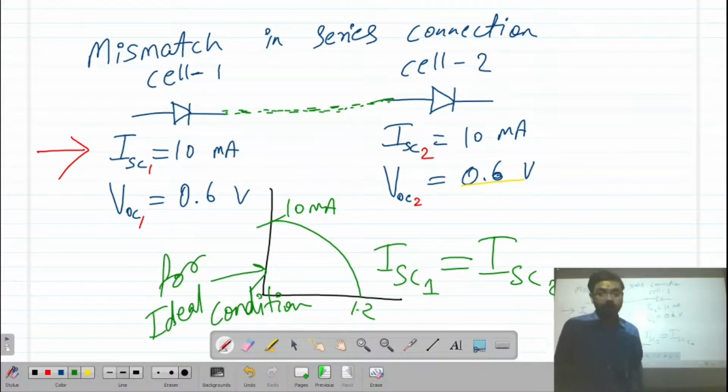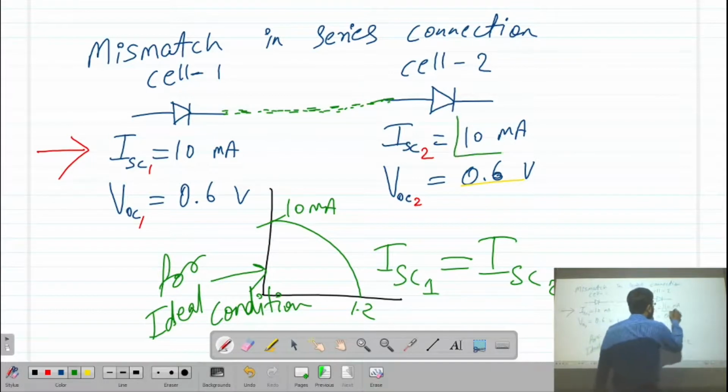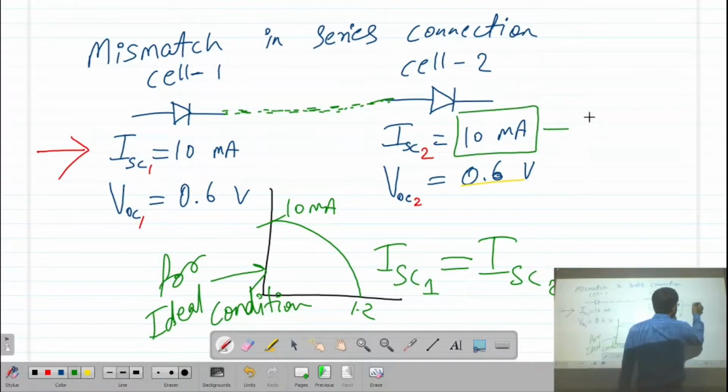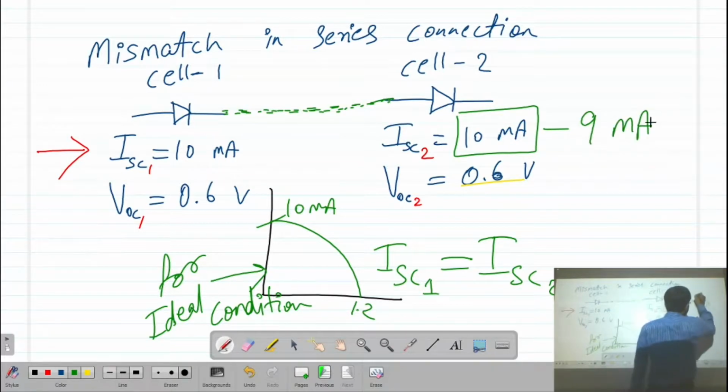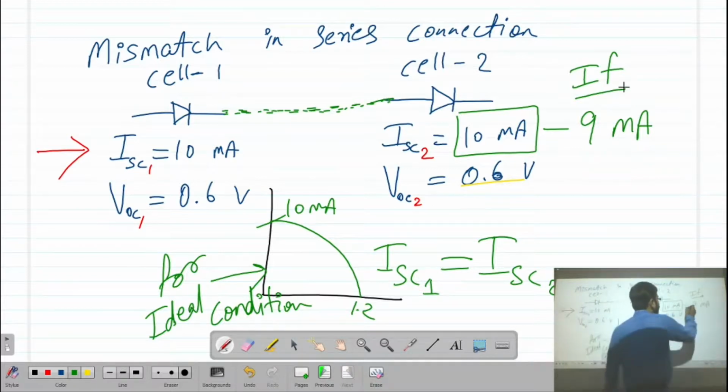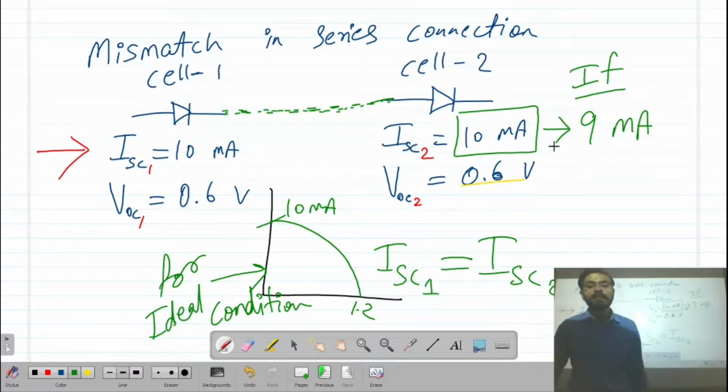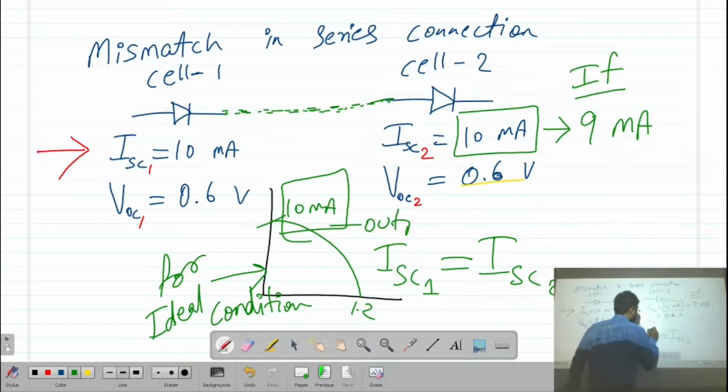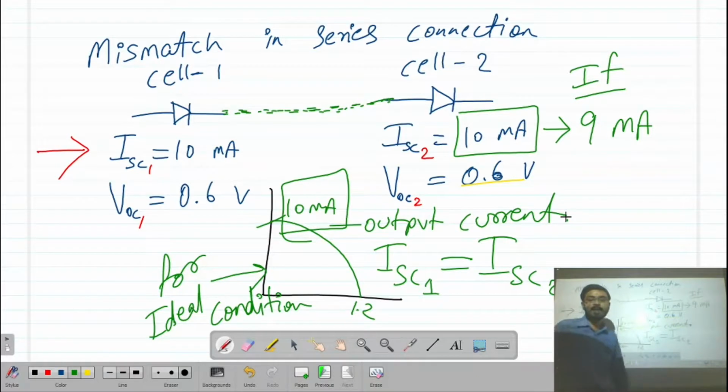But if, let us say, this is 9 milliampere due to some mismatch, then it will have a major impact on the total output current.